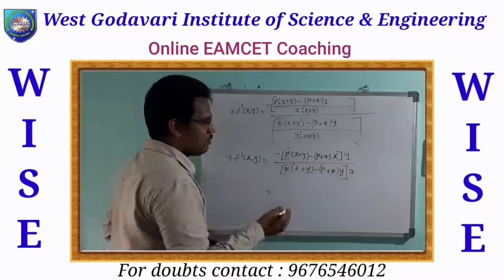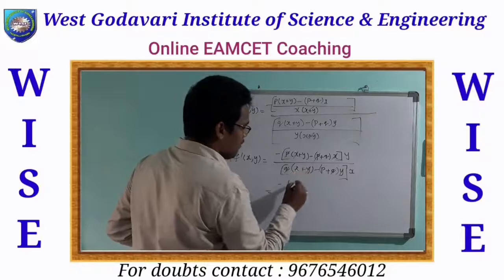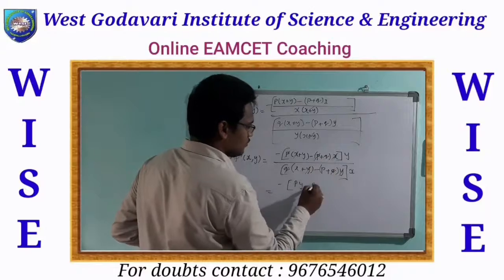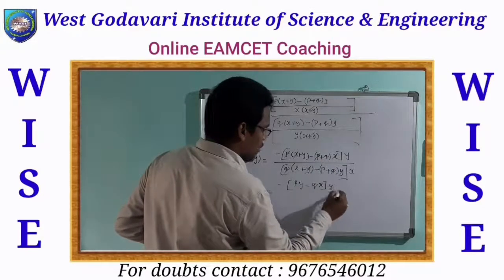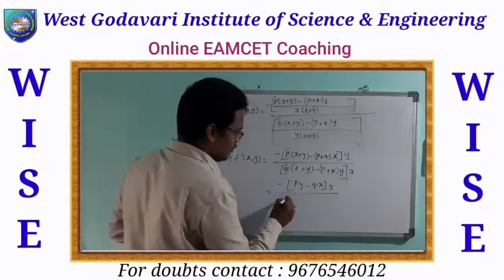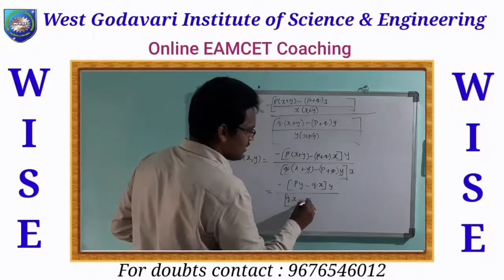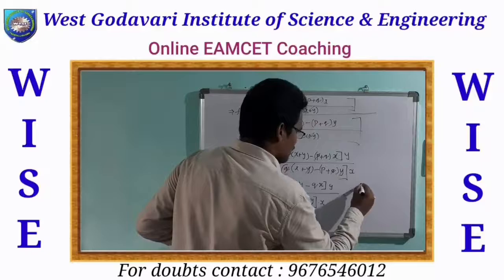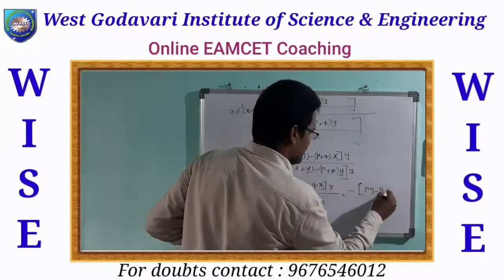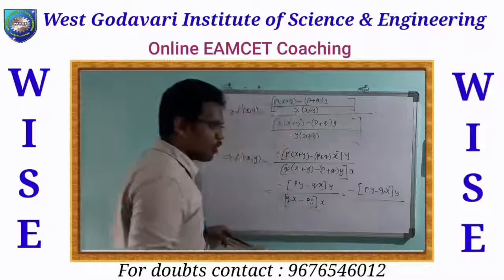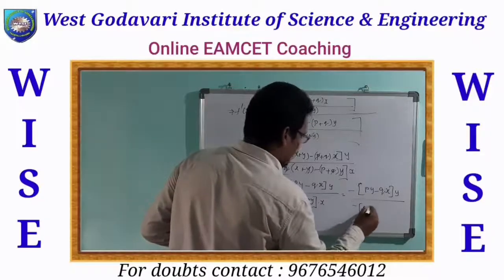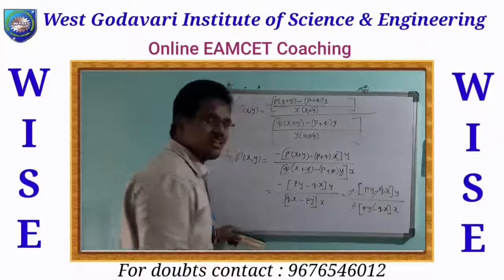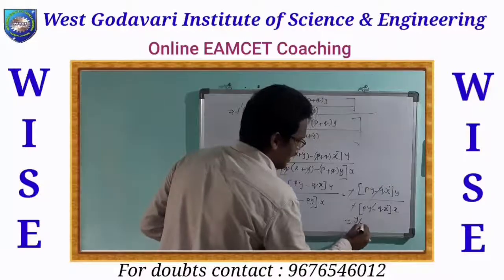Finally the remaining term of this equation is (py minus qx) into y over, coming to the denominator, (qx minus py) into x. So taking common minus, minus (py minus qx) into y over (py minus qx) into x, this term cancels. The final answer is y by x. That's it.